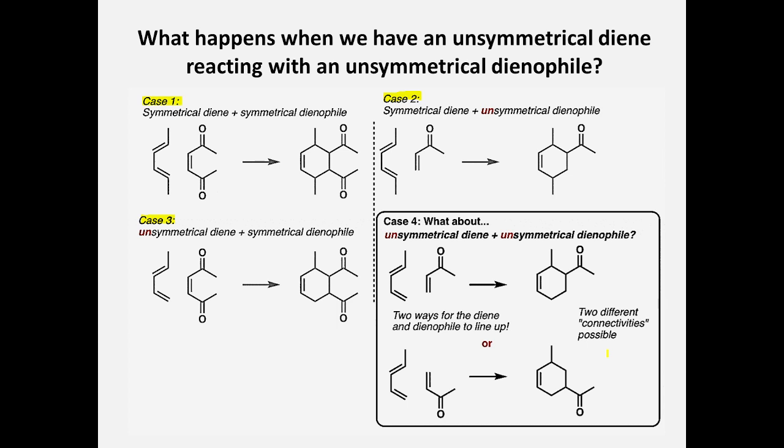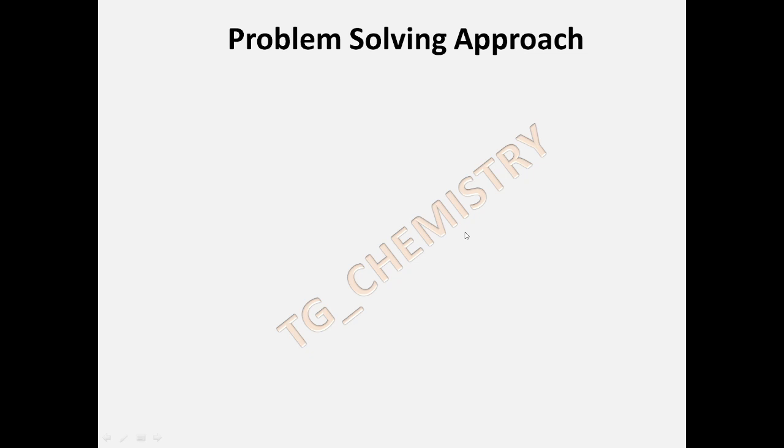In the Diels-Alder reaction, there is definitely a preference for one specific type of connectivity, and that signifies that the Diels-Alder reaction is truly a regioselective reaction. Next I will talk about some approaches with different examples.